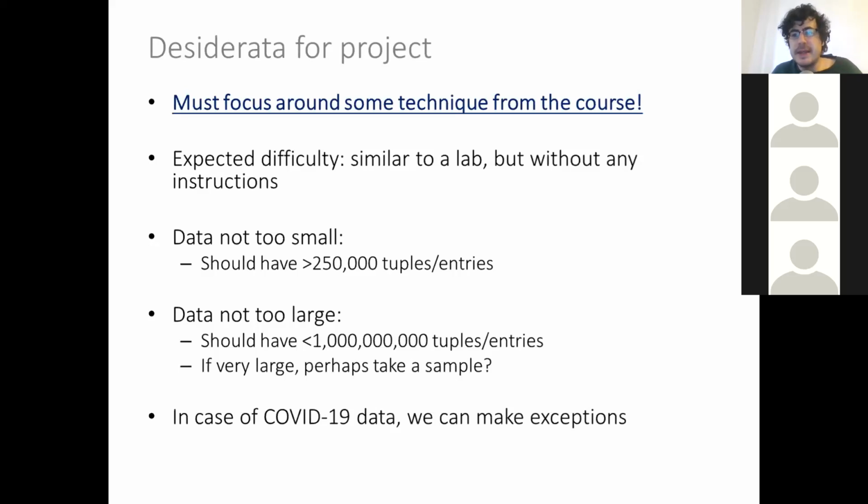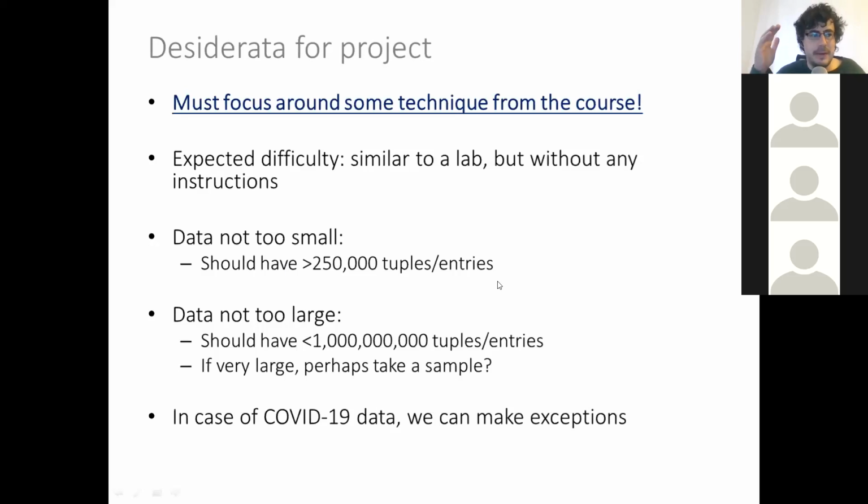Yeah, so I would say, again, a similar sort of idea would apply, in the sense that if you work with a stream of data, you should work with a relatively high volume stream, in the sense that you could be processing somewhere in 250,000 tuples per hour, maybe, or 1 million, 10 million, 20 million, 50 million tuples or inputs per day.